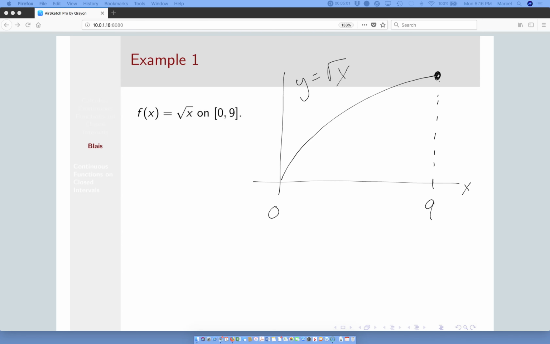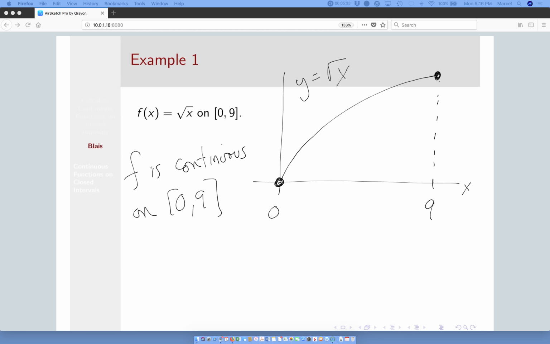We have continuity from the left. The limit as x approaches 9 from the left of root x is 3, which is also f of 9. Similarly, here we have continuity from the right at the origin. So this is an example of a function that is continuous. So f is continuous on [0, 9].